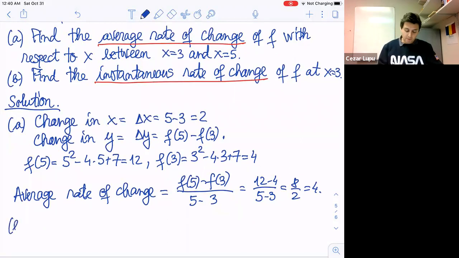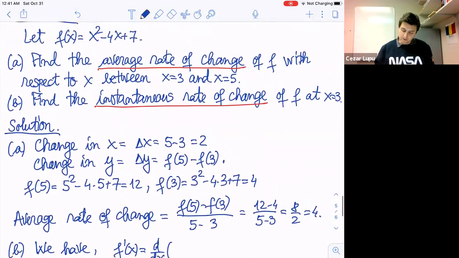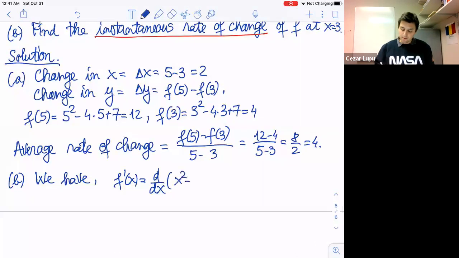But now for the second part, basically, we know that the derivative f prime of x is the derivative with respect to x of our function, which is x squared minus 4x plus 7, which, if you differentiate, will be nothing else than 2x minus 4, right?